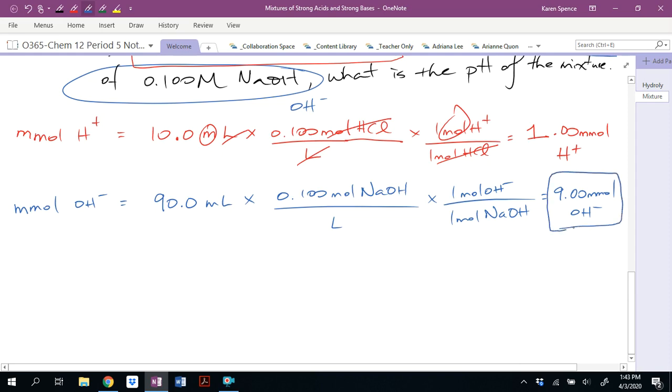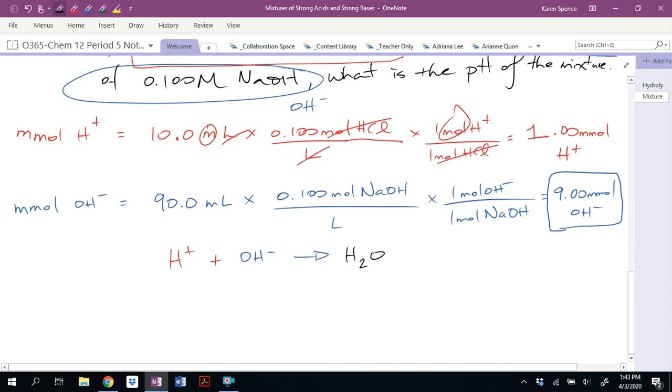But let's just write out our equation just in case. Okay, so we have our H plus plus OH minus. This is the net ionic equation for any strong acid, strong base reaction. Oh, that was supposed to be blue. And we get one H2O.